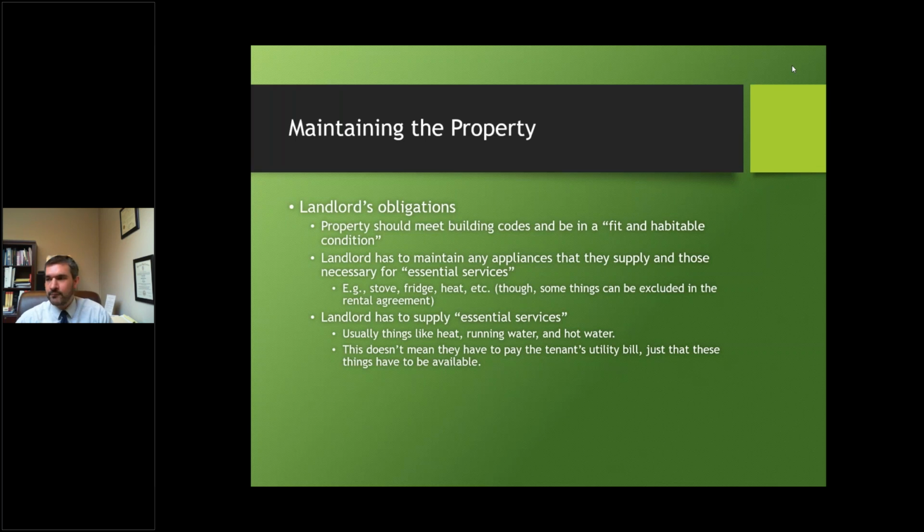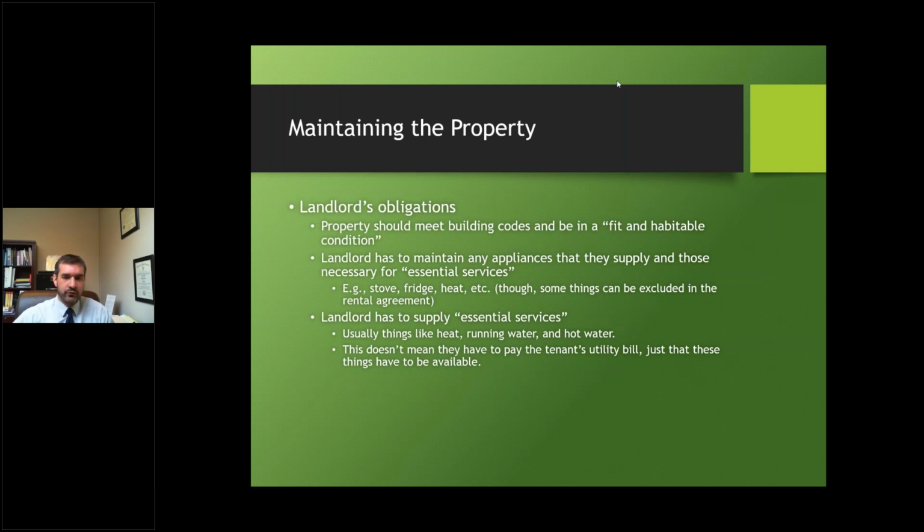All right, so we'll move on. So maintaining the property. Again, the landlord's obligations are set out in 2740-440 of the Residential Landlord-Tenant Act. And generally speaking, the landlord has to make sure that the property is fit and habitable. Fitness and habitability definitely describes conditions of the structure.